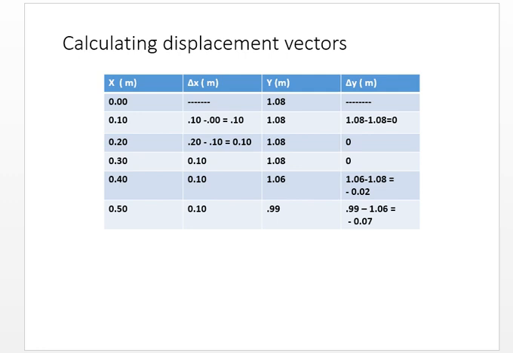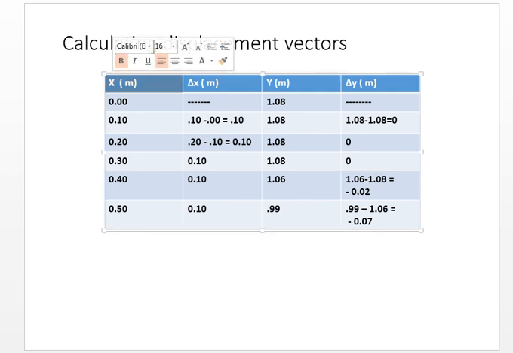Well, the biggest difference is that you need to know the time interval, right? So the velocity in the x direction is going to be equal to the change in x all over the change in time.